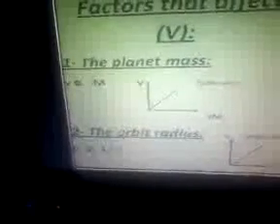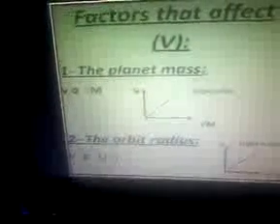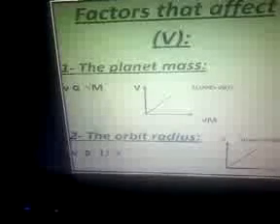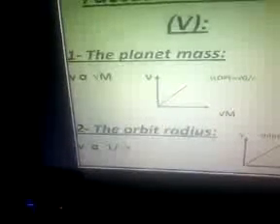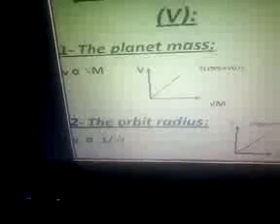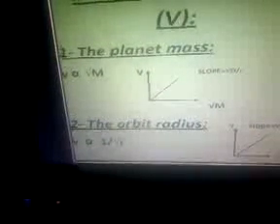The second factor which affects the orbital velocity is the orbital radius, where the relation between the orbital velocity v and the orbital radius is inversely proportional. If you draw the orbital velocity v on the y-axis and root r on the x-axis, you get a curved line.